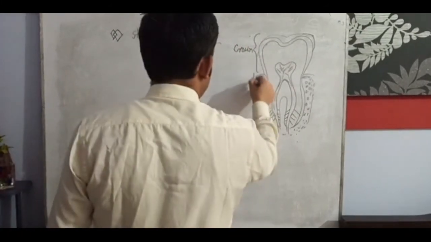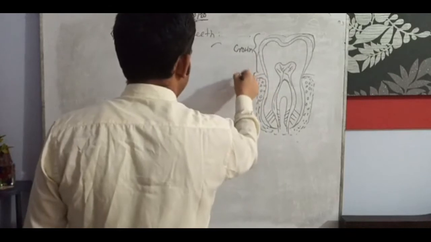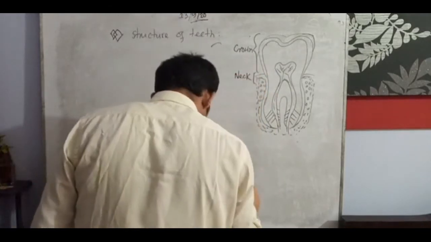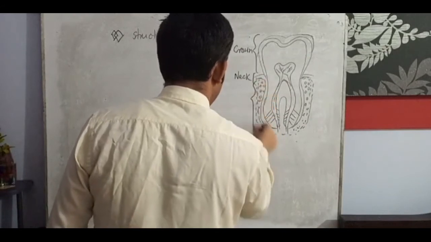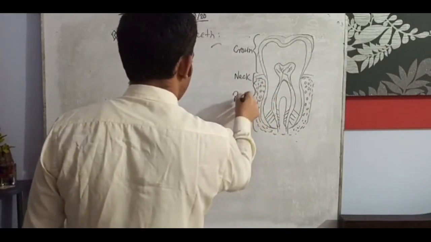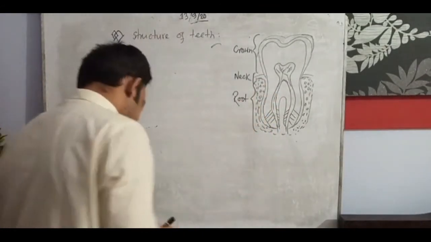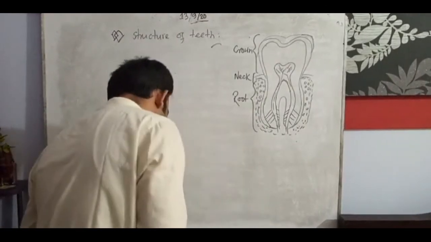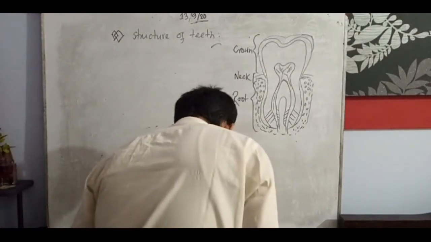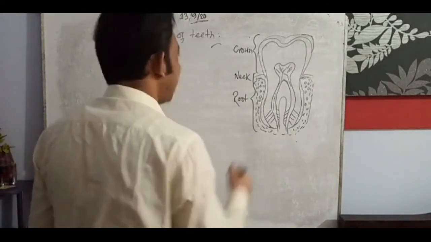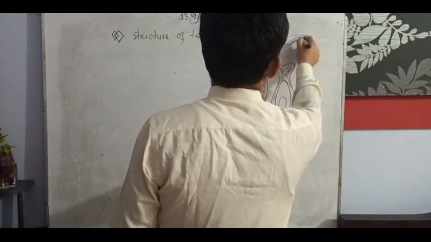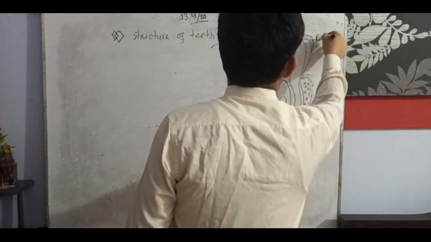This is the neck, going on through the neck, and this part is the root. Crown, neck and root. And then in those parts we will try to understand the enamel. This one is the enamel. You will try to write enamel.